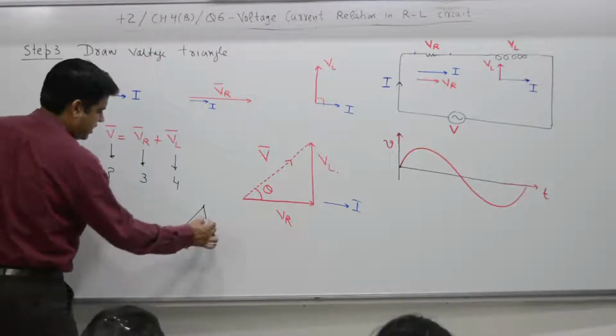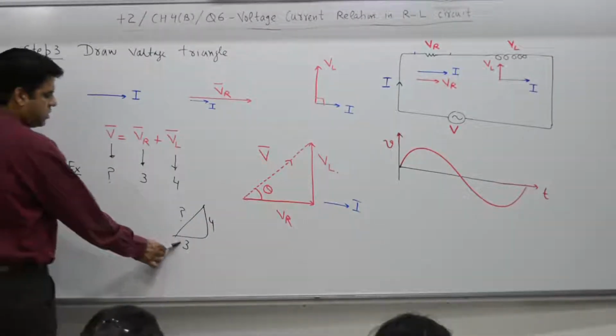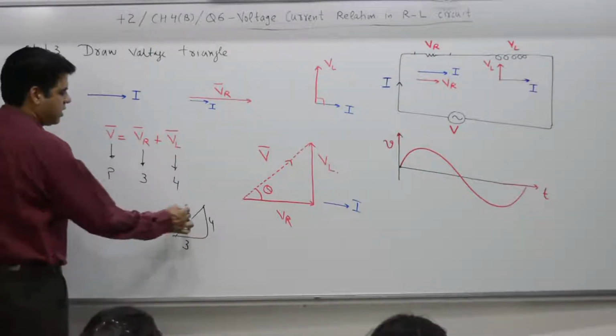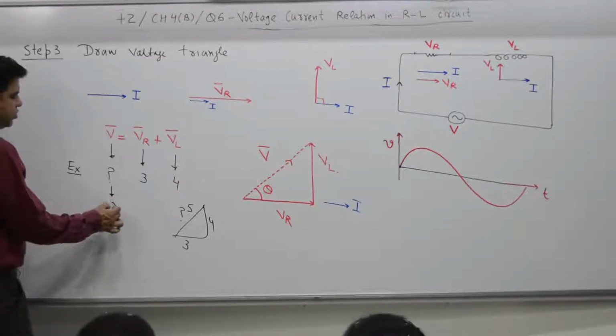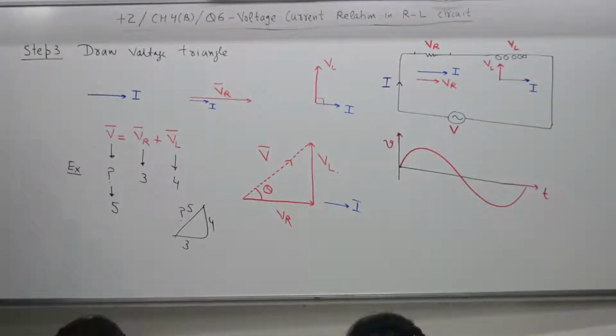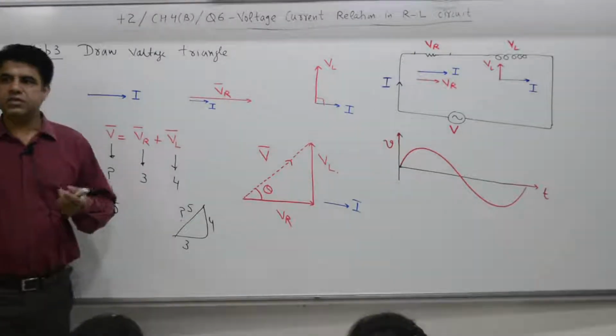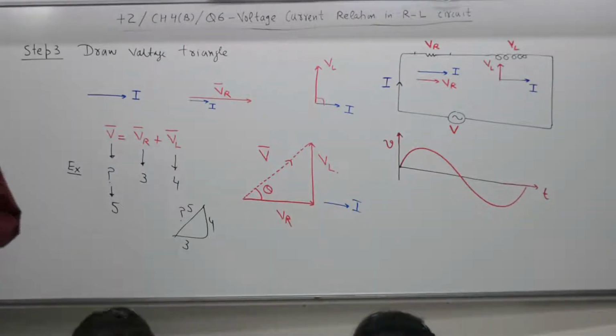If this is 3, this is 4, this part is not 7. It is the square root of 3 square plus 4 square, which comes out to be 5. So, in the V computation question, it is not 7, it is 5. The most commonly given wrong answer is 7. It is a phasor sum.